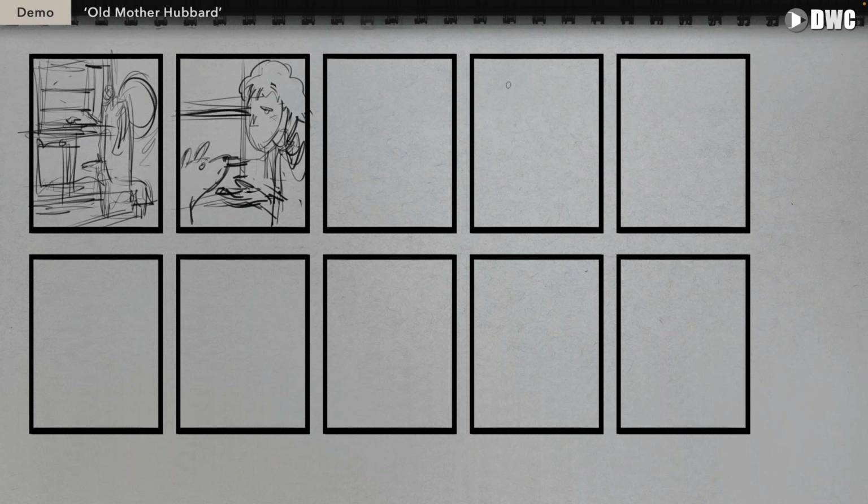How about I like the L. Let's do it so it's kind of sad. Typically things low to the bottom feel very heavy. So let's do that. I'm just going to draw them really small, and make old Mother Hubbard kneeling down to her dog.